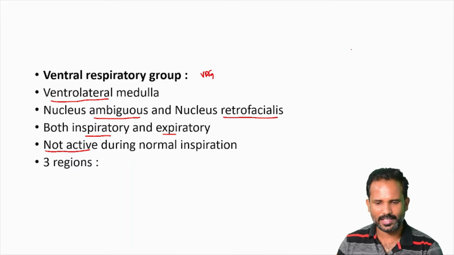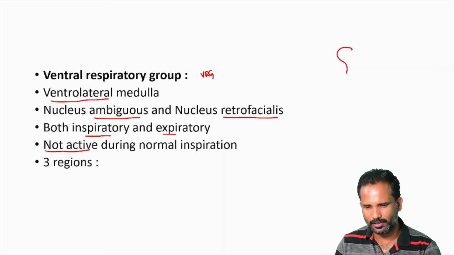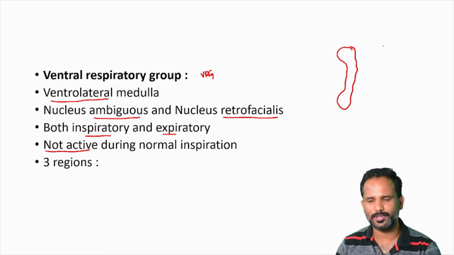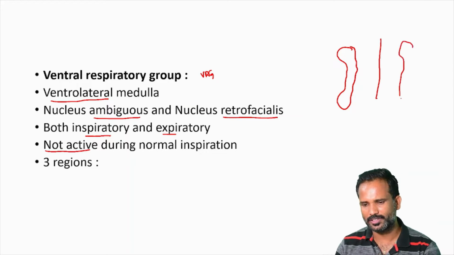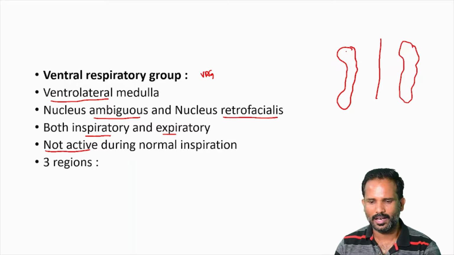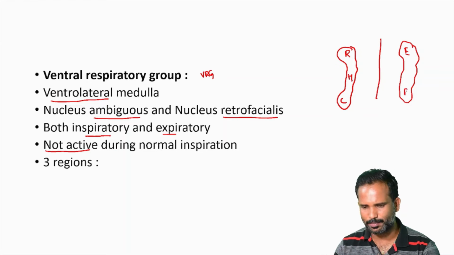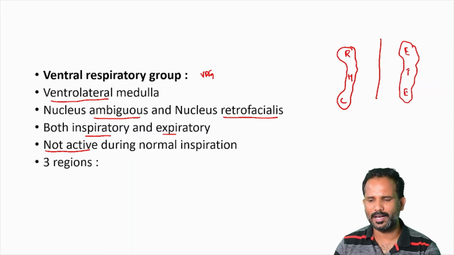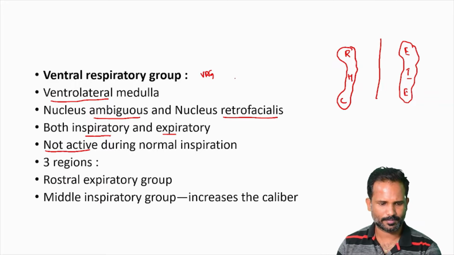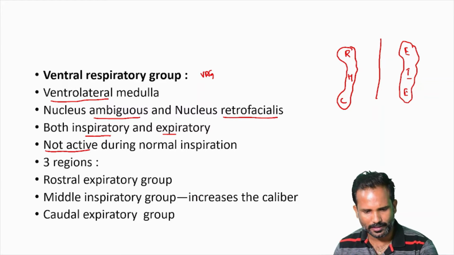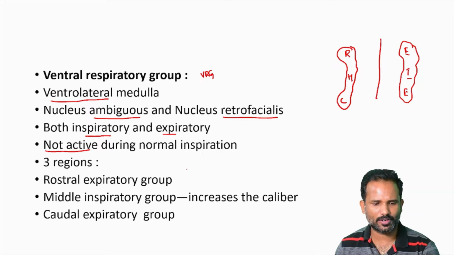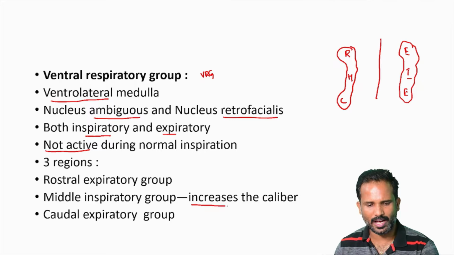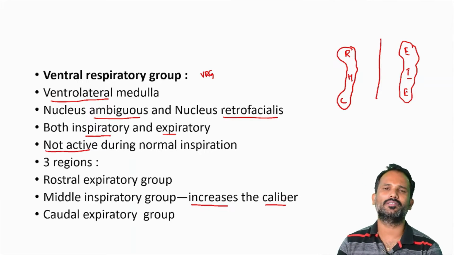It has three regions: the rostral, middle and caudal regions, and it is bilaterally present in the medulla. So the other half also has a similar part, with the rostral, middle and caudal regions. The rostral and caudal parts have expiratory neurons, and the middle part has inspiratory neurons. And as we said, it is not active during normal inspiration. In hyperventilation, it increases the caliber of the airways.